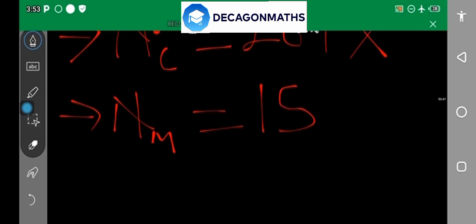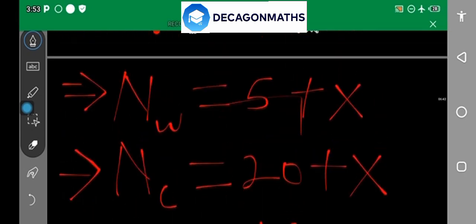It does not change. The number of women added will only affect the total number of the committee, which is 20 plus x, and the number of women, which is 5 plus x.